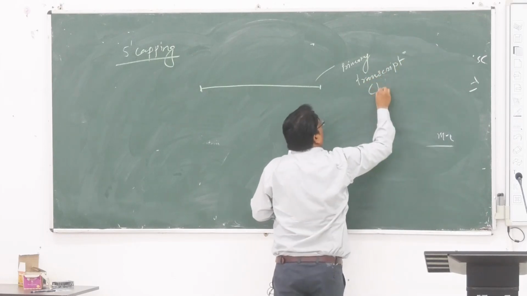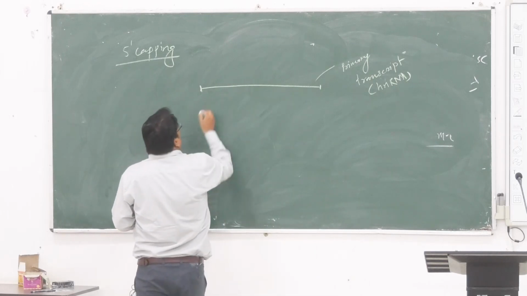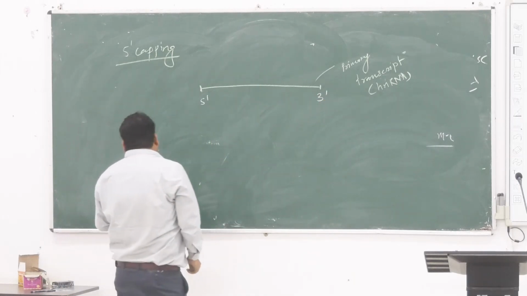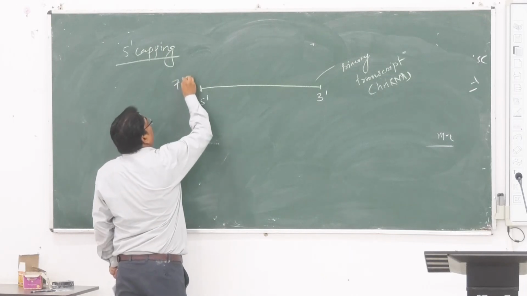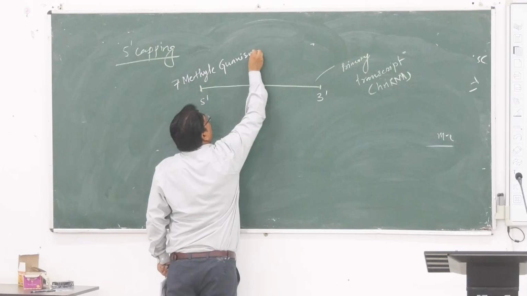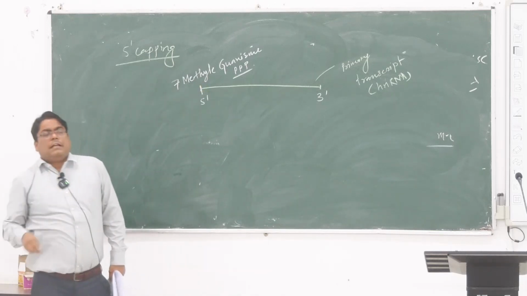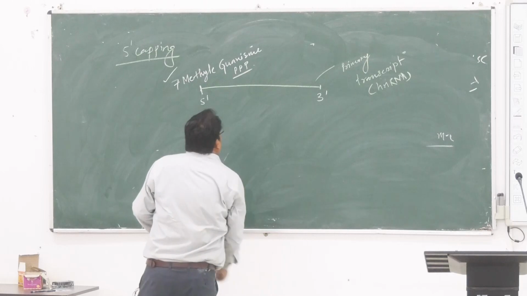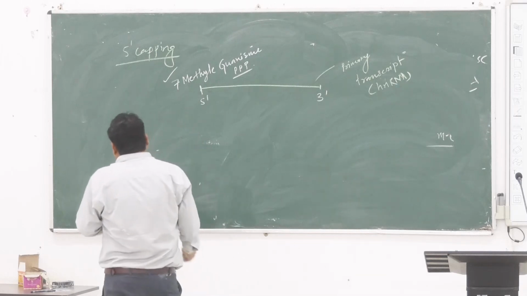It is the primary transcript or heteronuclear RNA which contains 5 prime and 3 prime ends. In capping there is attachment of 7-methyl guanosine triphosphate at the 5 prime end, and we call this step 5 prime capping.